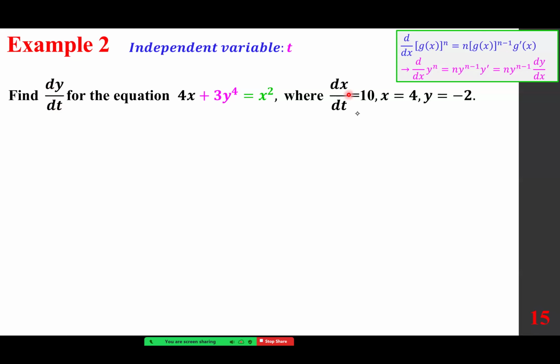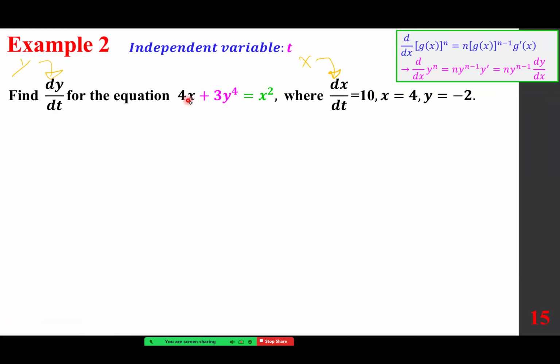And look, you have dx dt, which means, this is important to understand, the derivative of y is dy dt, the derivative of x is dx dt, not 1. Why? Because x is not the independent variable, t is.